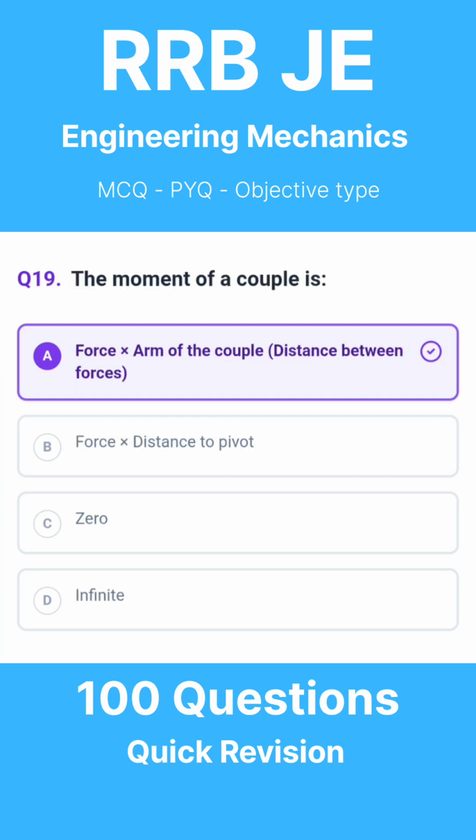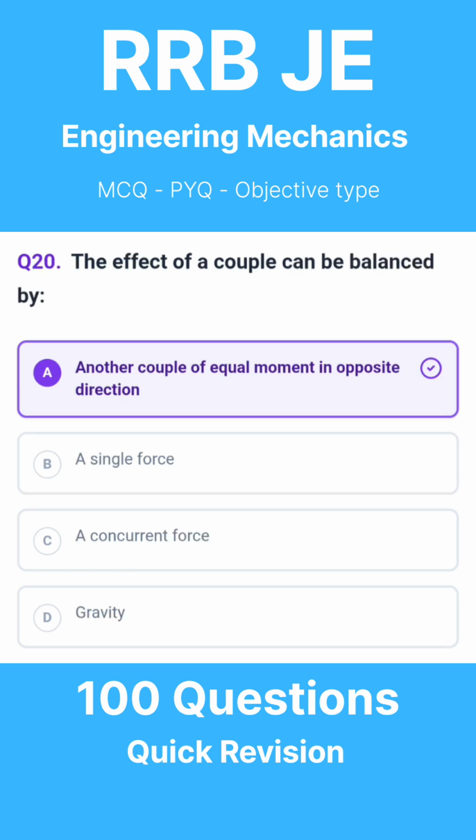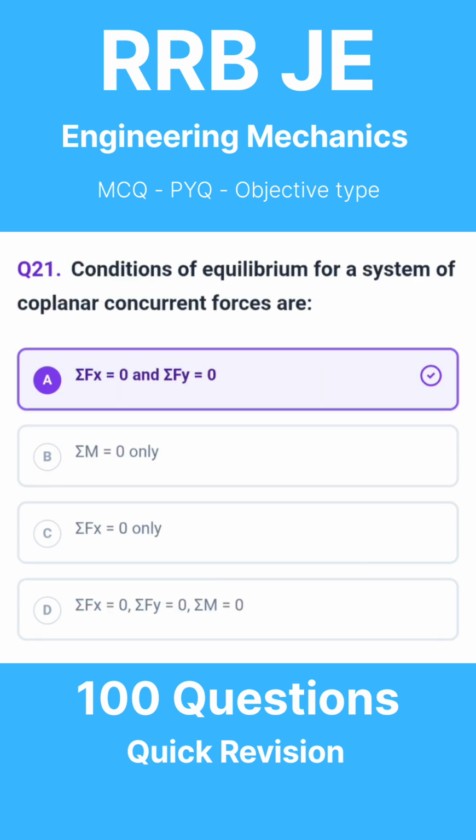Question 19. The moment of a couple is. The correct answer is force times arm of the couple, the distance between forces. Question 20. The effect of a couple can be balanced by. The correct answer is another couple of equal moment in opposite direction. Question 21.